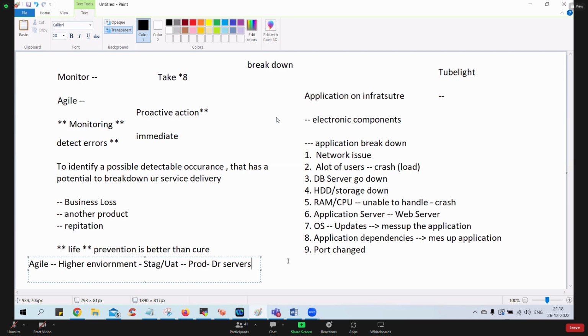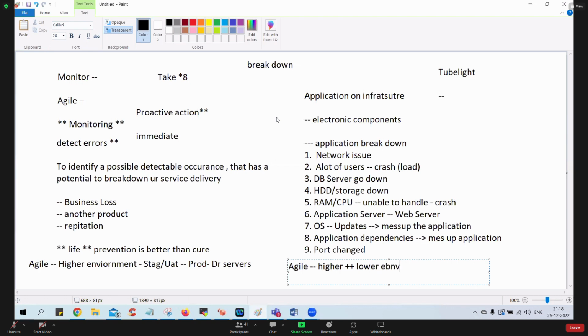So Patrick accepted the view of Agile, that the higher environment should be given monitoring. He also added that we should also apply the monitoring techniques on lower environments in DevOps.